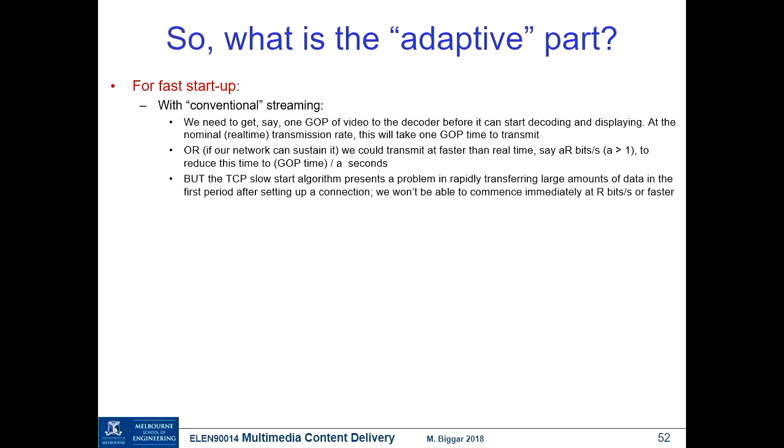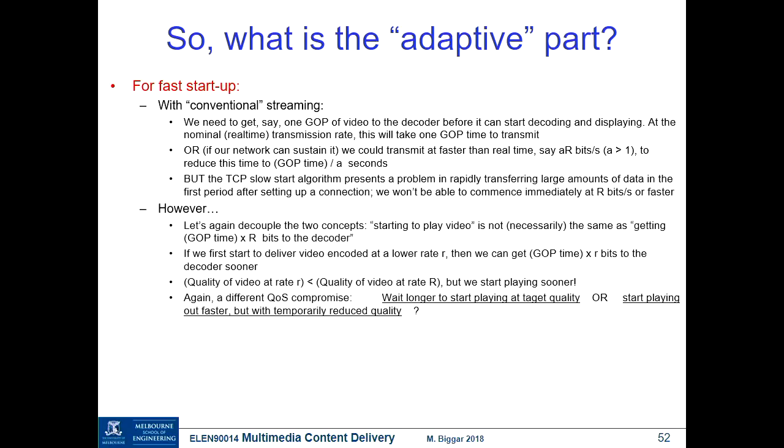So we won't be able to commence immediately at that capital R bits per second or faster, but rather we'll have to be ramping up towards that. So we redefine our objective. We decouple these two concepts. Instead of trying to get GOP time times R bits to the decoder, we just say we want to start playing the video as early as we can, and we do that again by using this lower rate version.